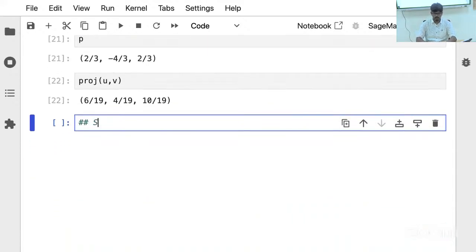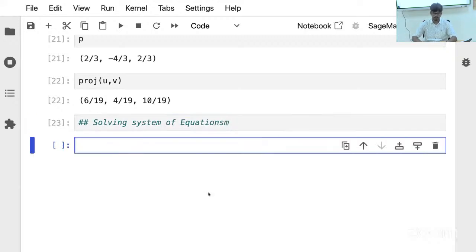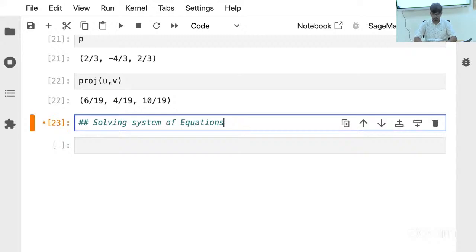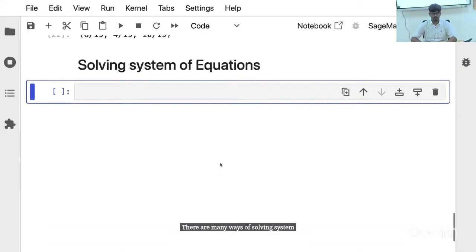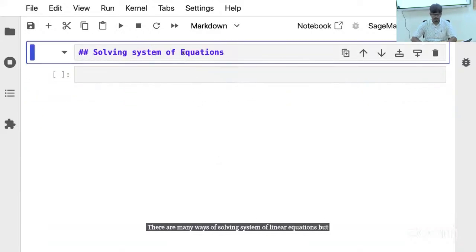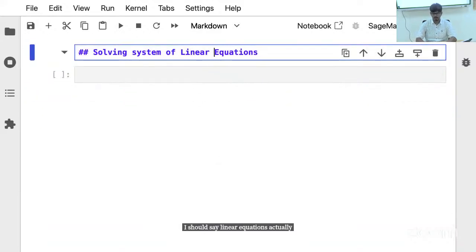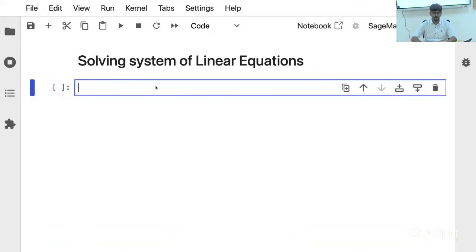So now let's look at how to solve a system of equations. There are many ways of solving a system of linear equations, but we'll take up whichever actually gives us some learning perspectives.